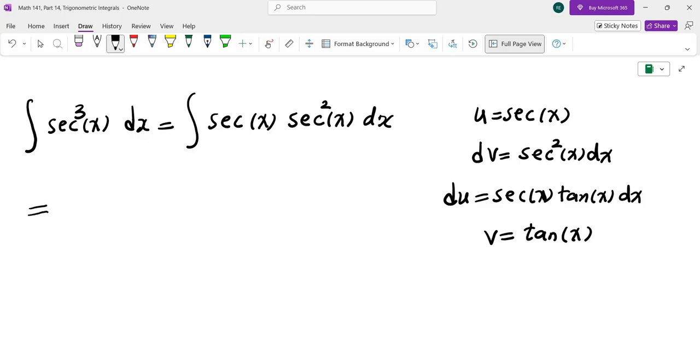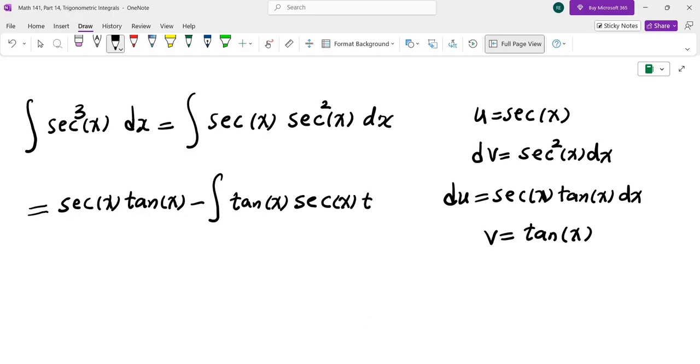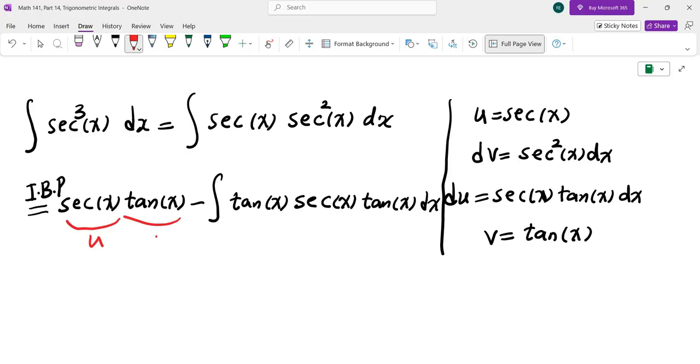So this is going to be equal to uv, which is secant of x tan of x, minus integral of v du, which is tan of x, and then du, which is secant of x tan of x dx. So I'm using integration by parts in this equality. So this one is u, this one is v, and this one is du.